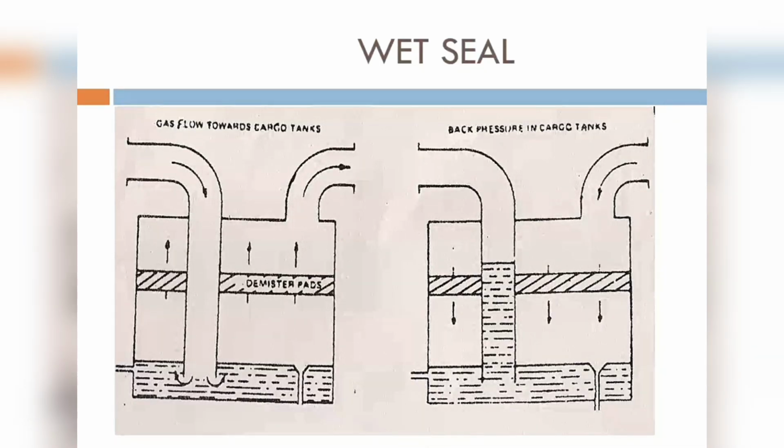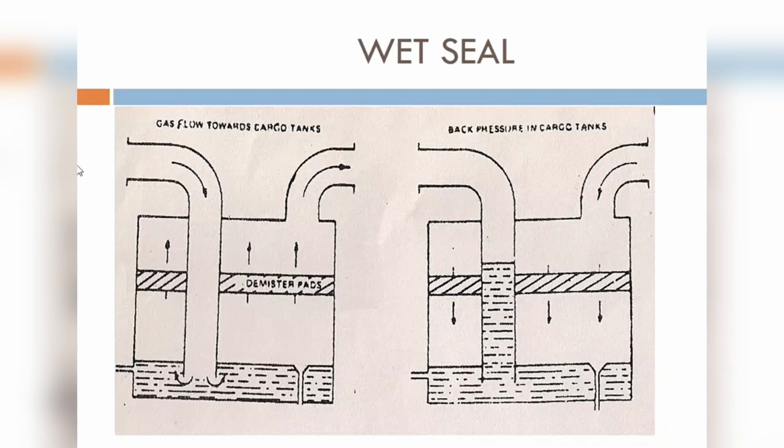So whether the IG system is running or not, this deck seal water pump is continuously running, whether the ship is alongside, in ballast condition, loaded condition, loading, discharging, sailing, out at sea, middle of the ocean. It is maintaining the seawater level in the deck seal.